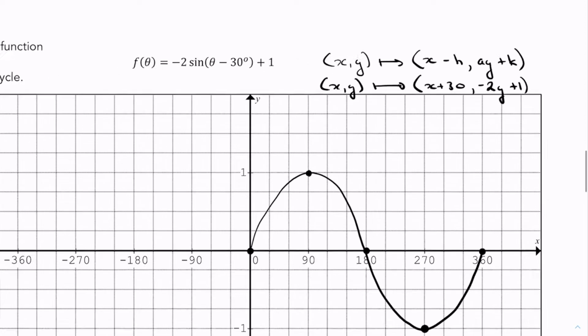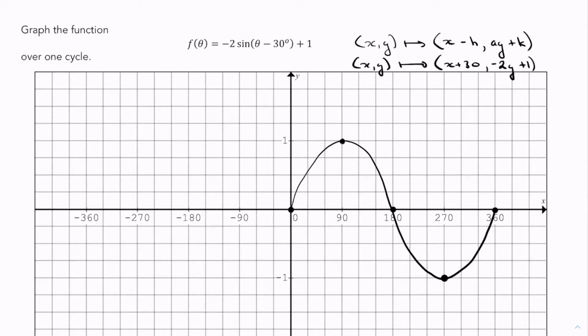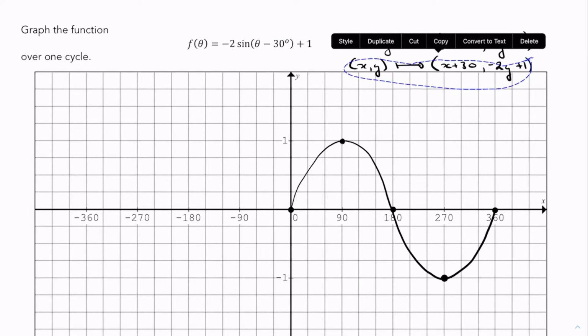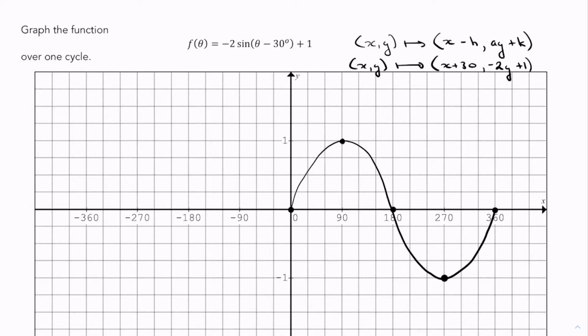So this will be the mapping notation I'm using for this question. And I want to see what are the values of x, y that I'll be using. Well, obvious one is going to be over here, 0, 0. I'm going to use 90 and 1, 180 and 0, 270 and -1, and 360 and 0.